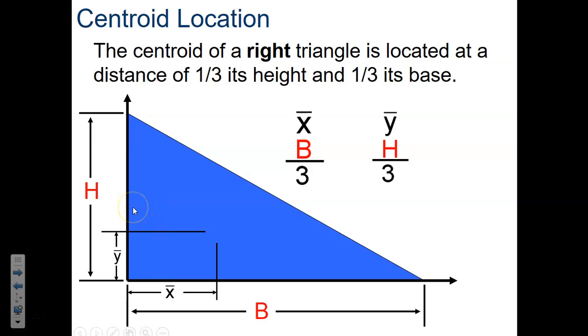And then for the height, it's the same thing. It's 1/3 up from the thick side, or 2/3 down from the thin side. Okay, and then you could flip this triangle, and they do that in the example of finding a complex centroid, and it's still 1/3 from the thick side, etc.